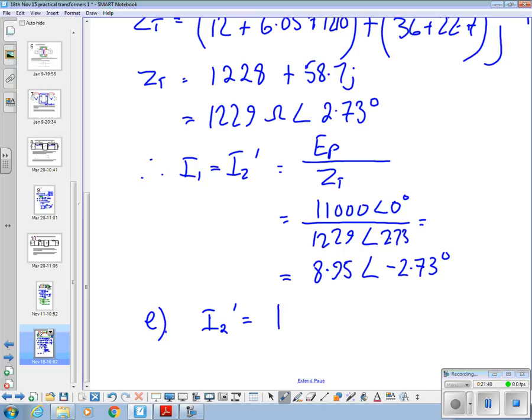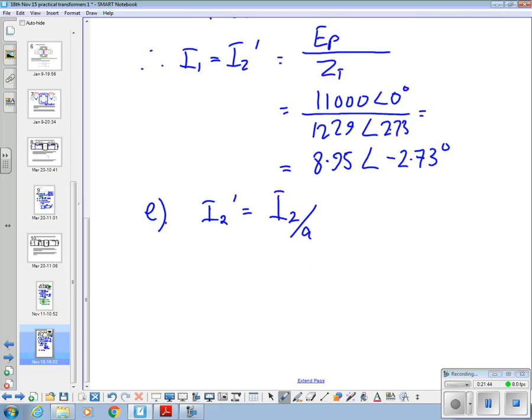Divided by A. So I2 dash is equal to I2 over A. Therefore, I2 must be A times I2 dash. Agreed? So that is 27.5 times 8.95 angle minus 2.73.